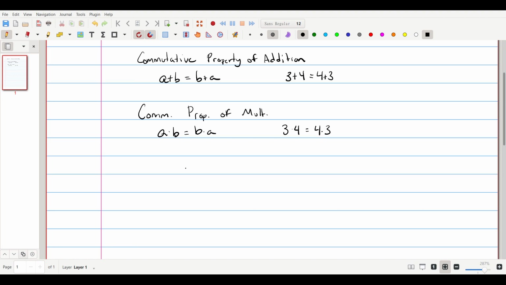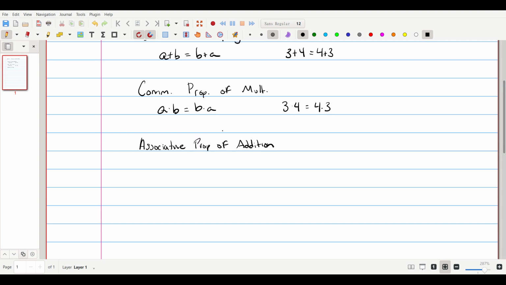Cool. Then you have the associative property of addition. It looks like this: a plus b plus c is equal to a plus b plus c, with the parentheses grouped differently.